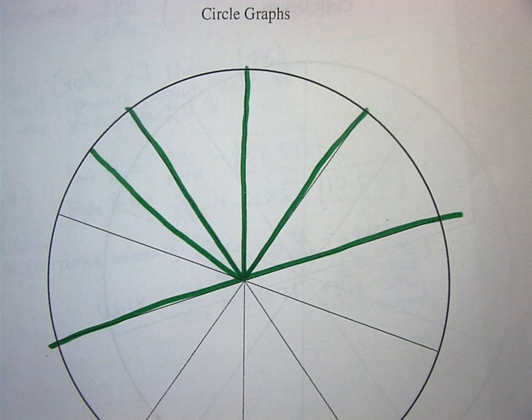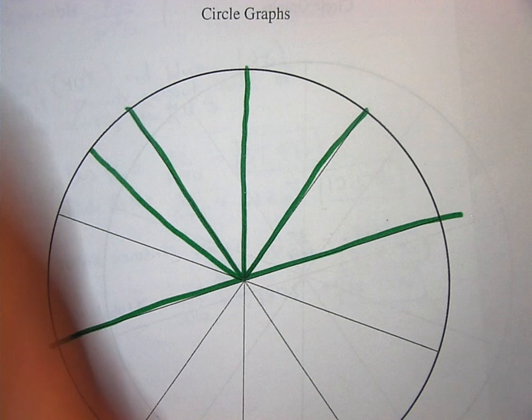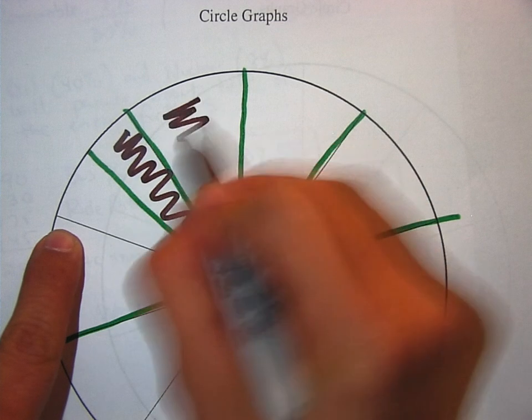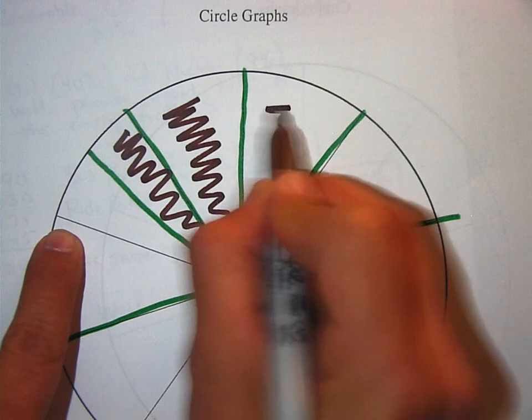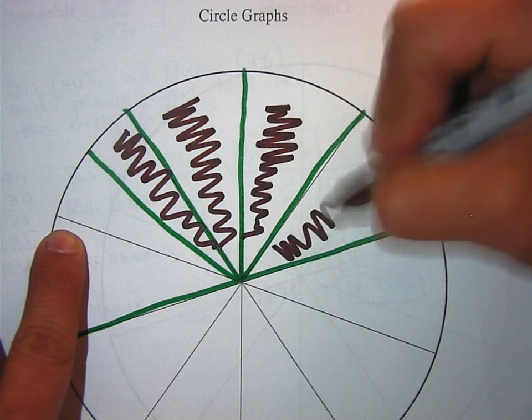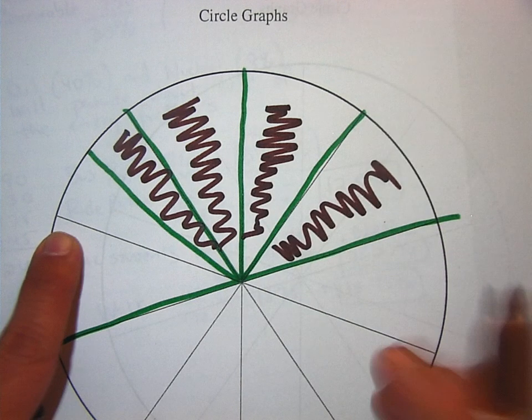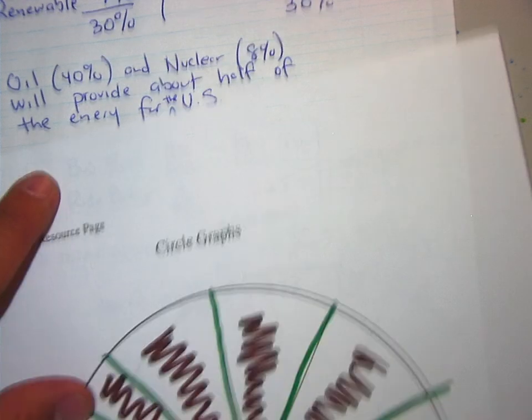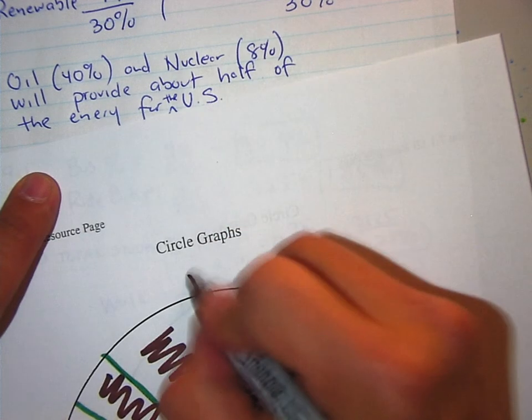Do you have to use colors? I don't have colors, you could do it at home. So that represents the bus. Students that ride the bus, that's 37.5%.